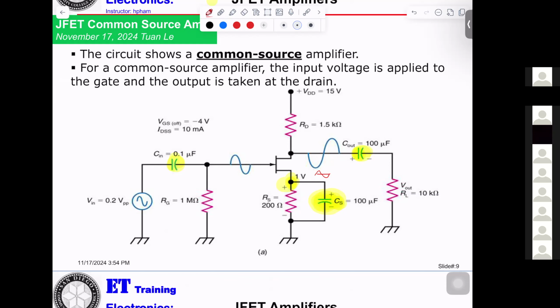Okay. Now, looking into that circuit, what type of bias?